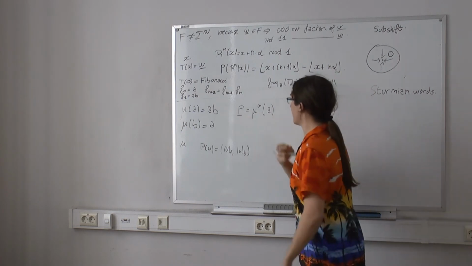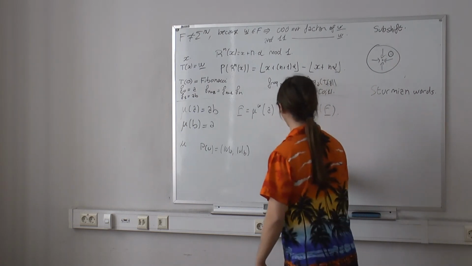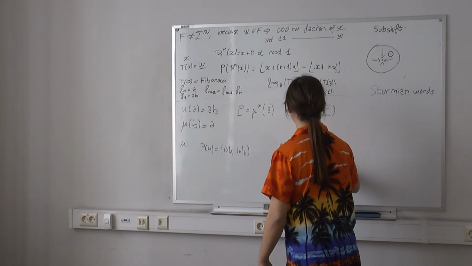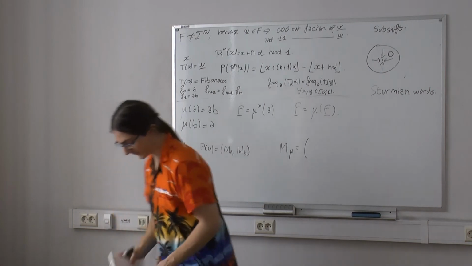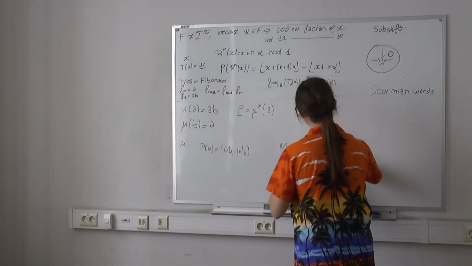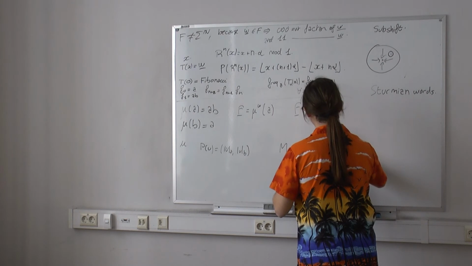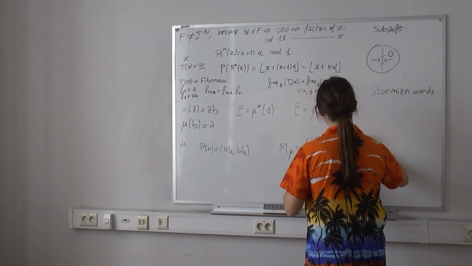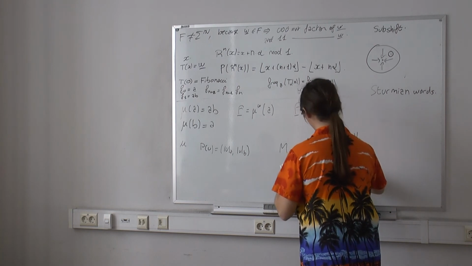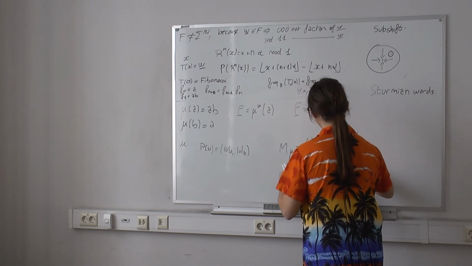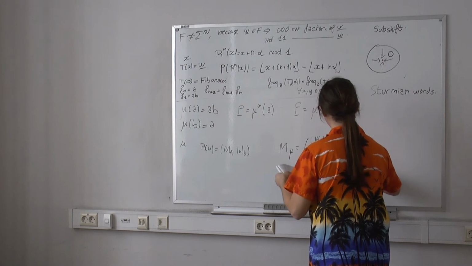We can use this morphism, so I will write a matrix, M, that depends on u. It's like this. So if I want to save some time, I can copy. So I give you the general form, and then I explain why I write exactly this. This is an index.